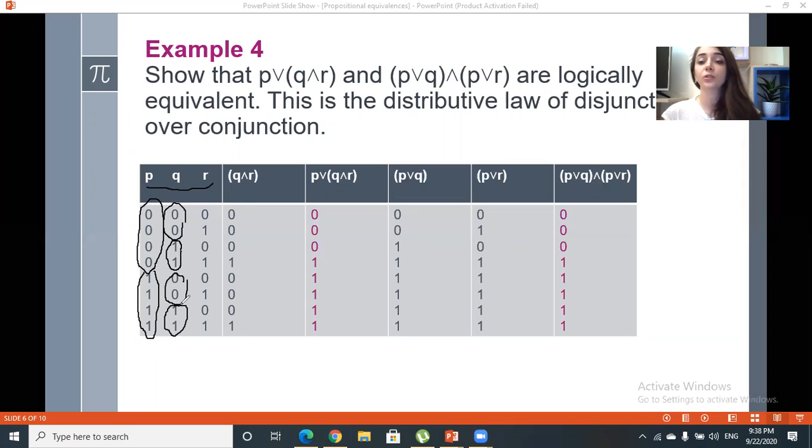And what about R? Here we have 1, 0, 1, 0, 1, 0, and it keeps going. So four 0s, four 1s in the first column. In the second column, two 0s, two 1s, two 0s, two 1s. And in the third column, 1, 0, 1, 0, 1, 0, 1, 0.